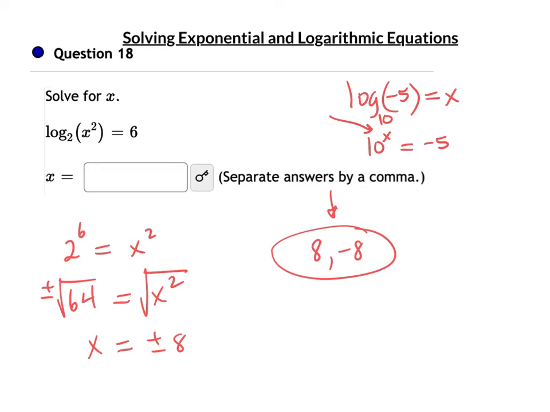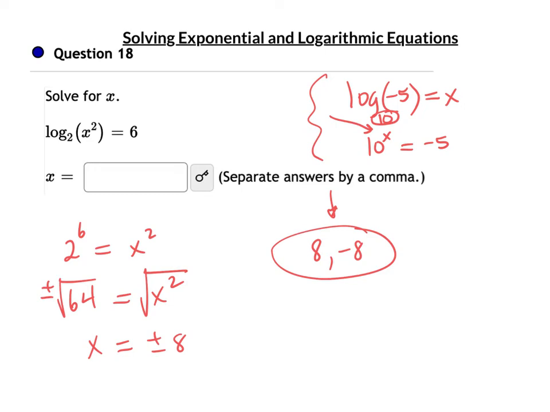If it's a negative exponent, remember that's reciprocal. It doesn't make the number negative. Now, if the base was negative, I suppose that might work. But you'll notice that if you plug in a negative number and you hit the log of negative 2, for example, it says error, non-real answer. We can't do that. So we can't take the log of a negative number.